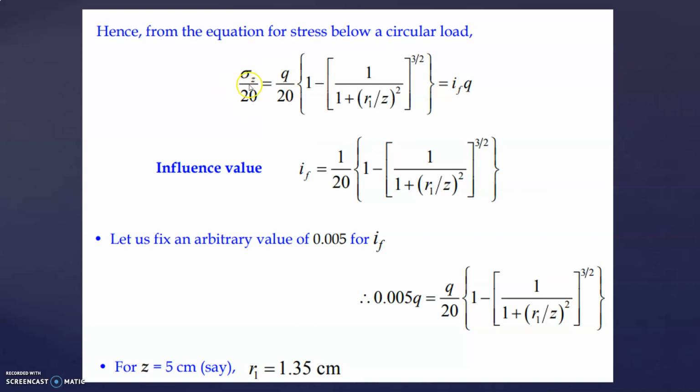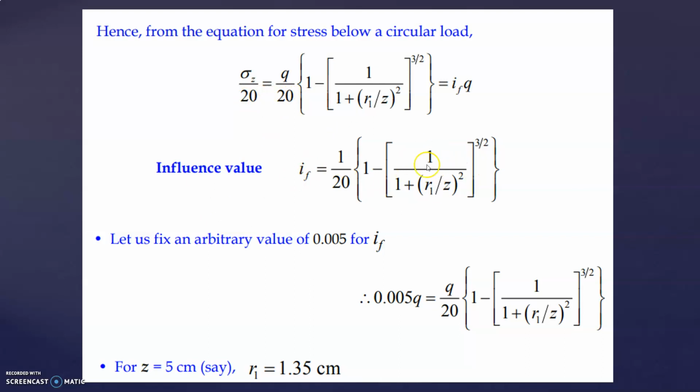We have sigma Z is equal to Q into 1 minus 1 divided by (1 plus (R1 divided by Z) whole square) to the power 3 by 2. But here each sector is divided, so that's why it is divided by 20.